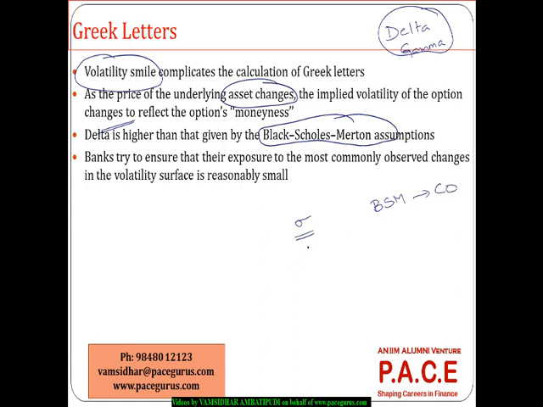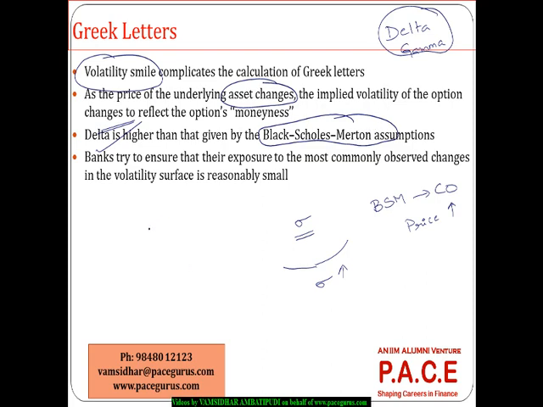But if the option volatility is changing, generally when I move from at the money to in the money or out of the money, I am seeing that the volatility is increasing. If the volatility is increasing, the price has to increase. And if the price has to increase, the percentage change in price is much higher, which tells us that the delta is higher than what is predicted by my simple Black-Scholes-Merton assumption.